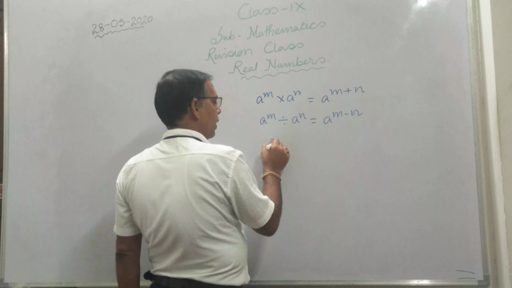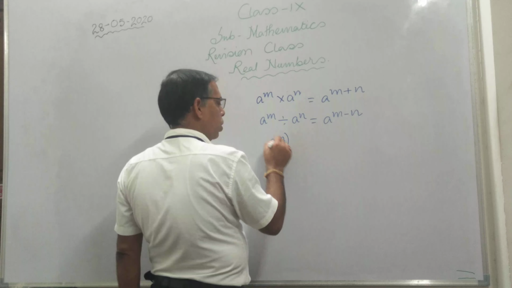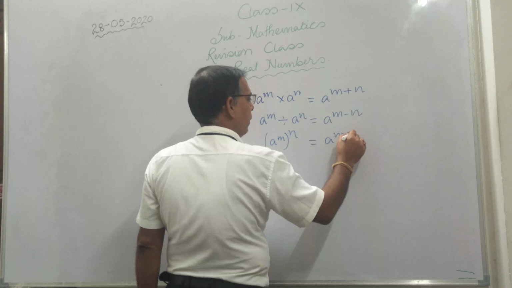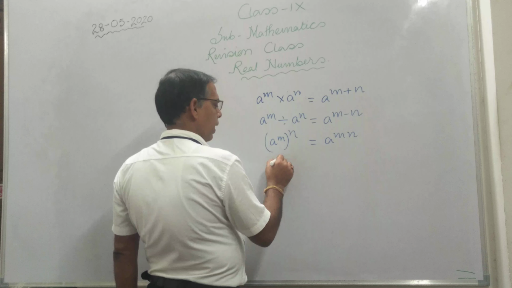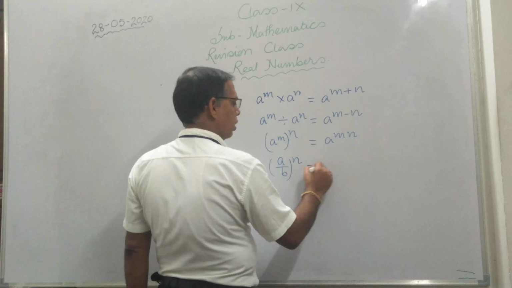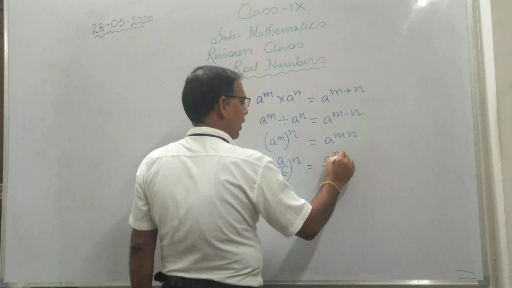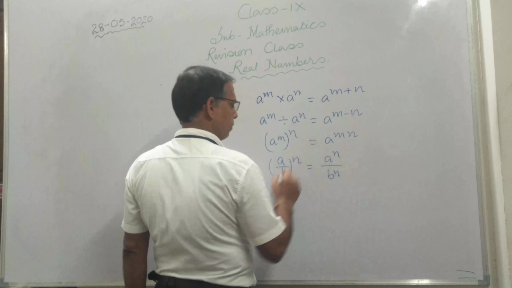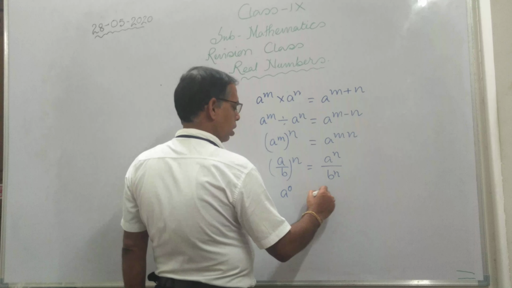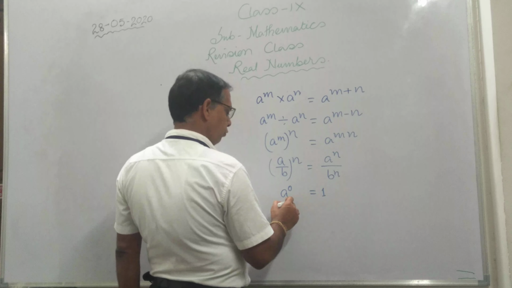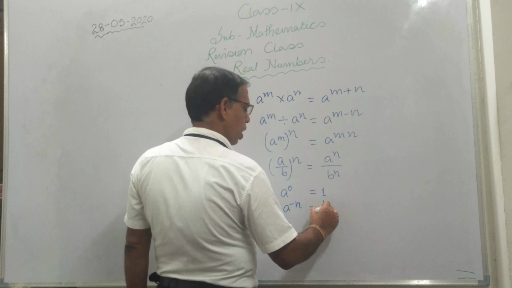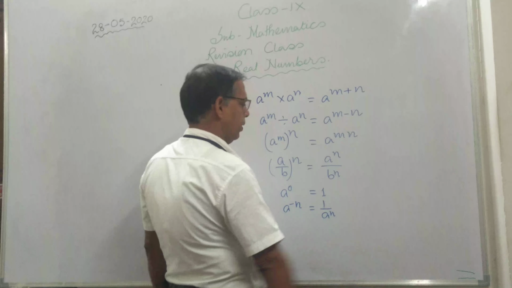Then a to the power m, whole to the power n, equal to a to the power mn. Then a by b whole to the power n equal to a to the power n by b to the power n. Then a to the power 0 equal to 1. And then a to the power minus n equal to 1 by a to the power n.